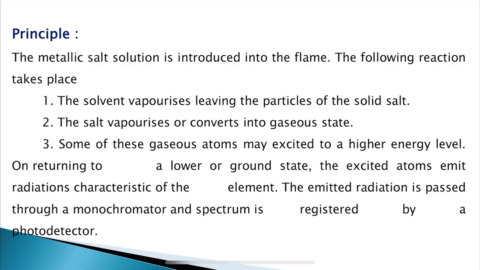The metallic salt solution is introduced into the flame, and the following reactions take place. First, the solvent vaporizes, leaving particles of the solid state. As soon as the solution comes in contact with the flame, the solvent or water gets evaporated, leaving behind the particles of the solid salt.